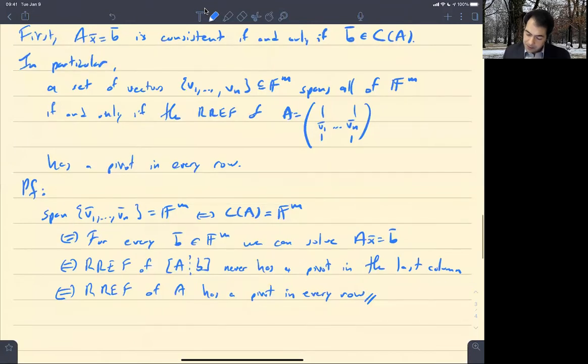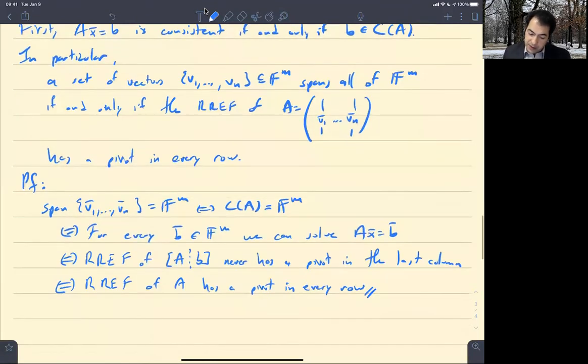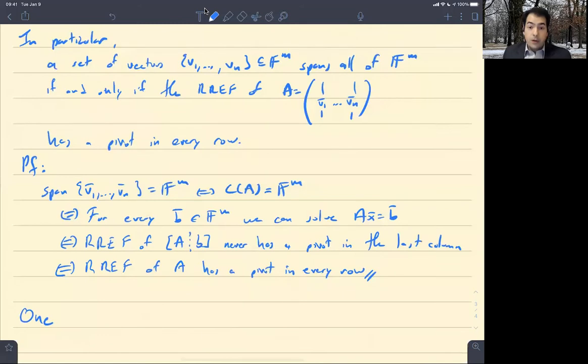In particular, here's something that you should be expecting. This is very intuitive, but it's something that we hadn't shown until now. One consequence is that if the span of the vectors v1 through vn is equal to Fm, then n has to be at least as large as m.